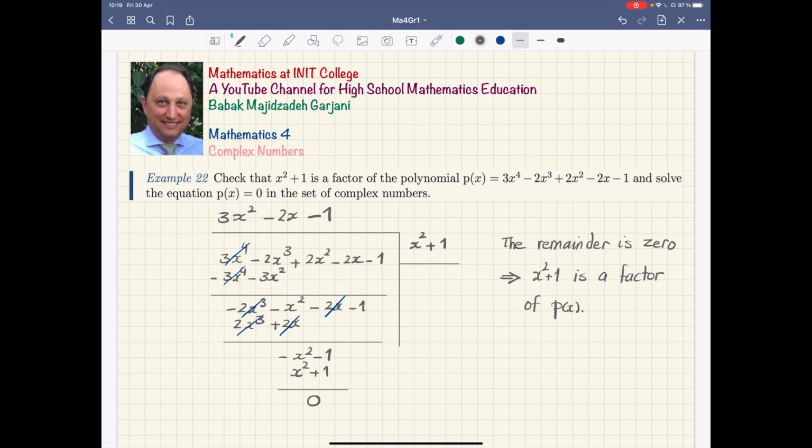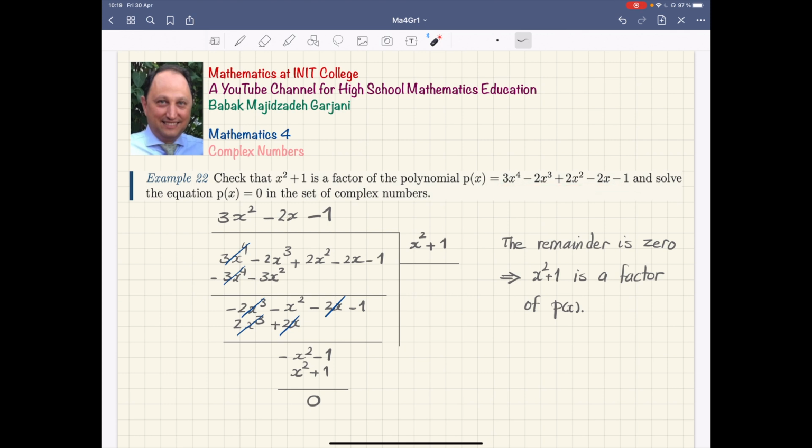But now, the rest of the problem asks you to solve the equation p of x equals 0. If I haven't given you this extra piece of information, as you remember from the motivation in the last session, it is not easy at all to factorize this on your own.